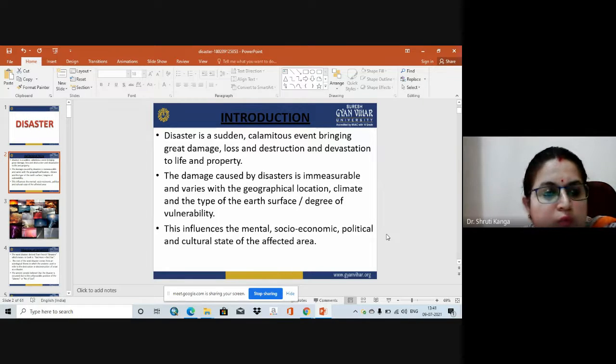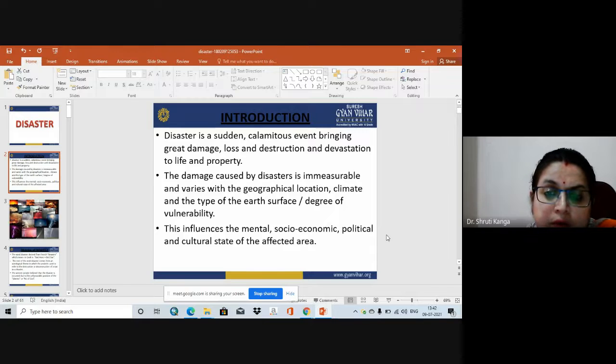Hardly one or two people were saved from that disaster. So what I mean to say here is that the geographic conditions and the climatic conditions are also important factors for different disasters to happen.